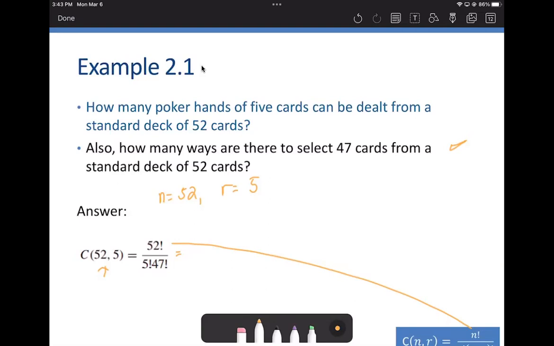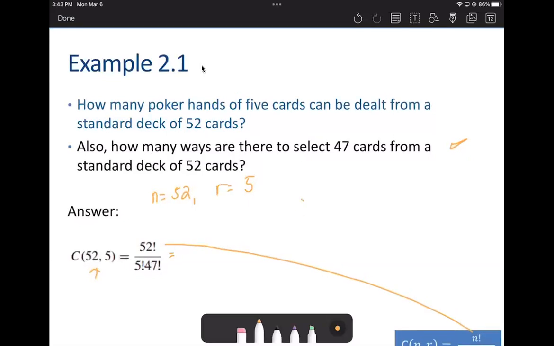So the identity that we used is the combination of n taken r equals the combination of n taken n minus r. Right? So in this case, we have the combination of 52 taken 5 equals the combination of 52 taken 47, or 52 minus 5, that is equal to 47.